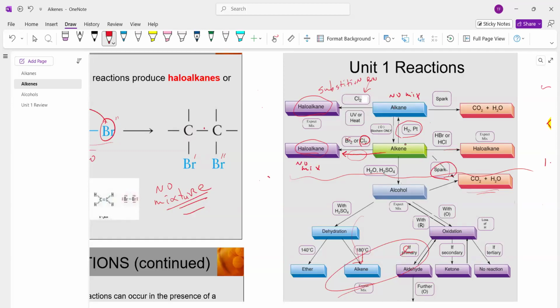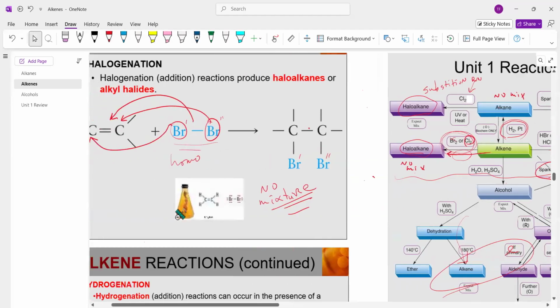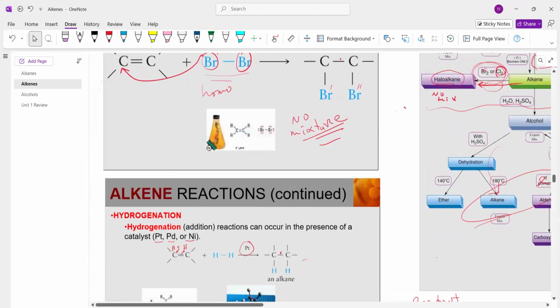For example, in the citric acid cycle, it's done a lot. And we'll get into that in Unit 5. Okay, and there's no mixture because it's a homogeneous addition. So we have two homogeneous additions, a halogen gas and hydrogen gas. And we have no mixture.